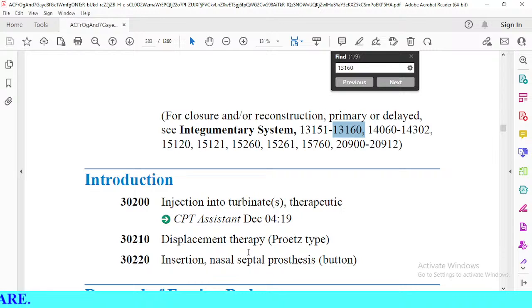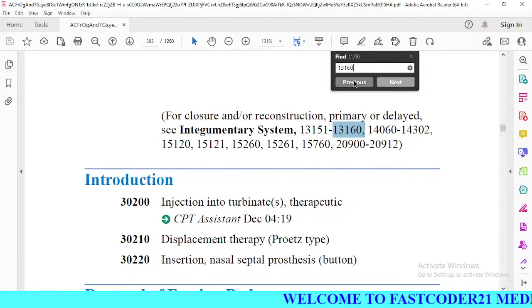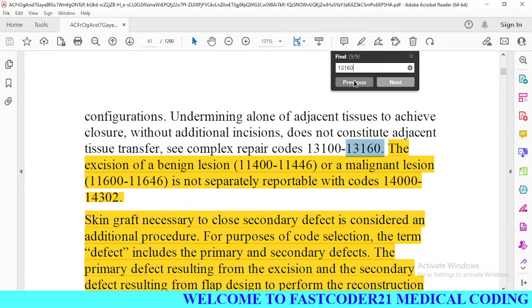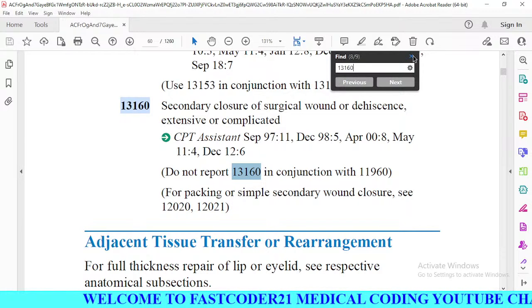So we have a post-operative wound and that wound we have closure, secondary closure. So first we need to check. But as we are using the software, like a PDF, it is taking time. But if we have a physical copy, it is very easy.